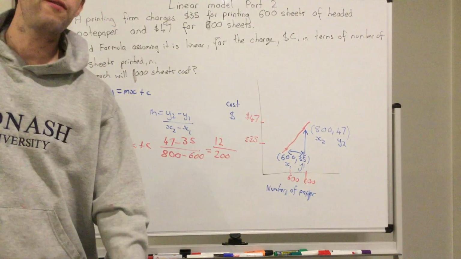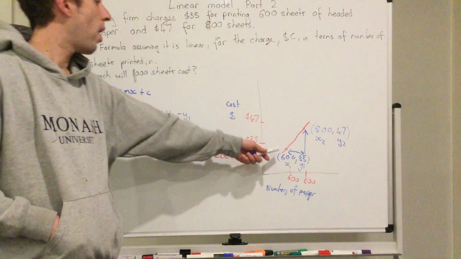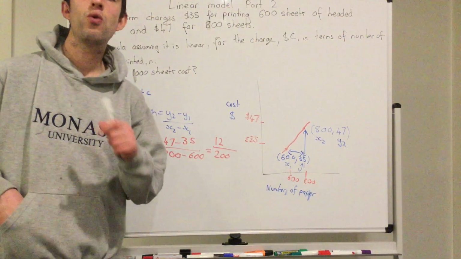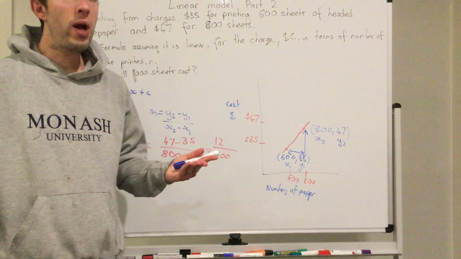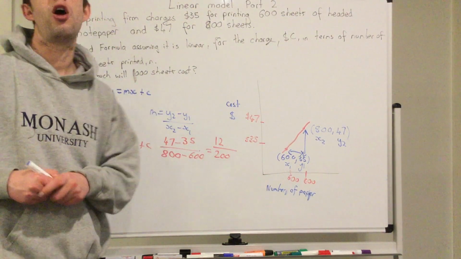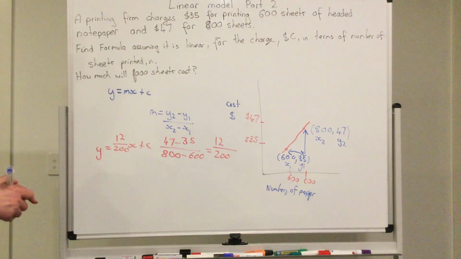Now, the best way to find c is to grab one of these points and substitute x and y in, and that will leave one variable. When we've got one variable, we can solve the linear equation to find out the value of that. So we're going to find out what c is.